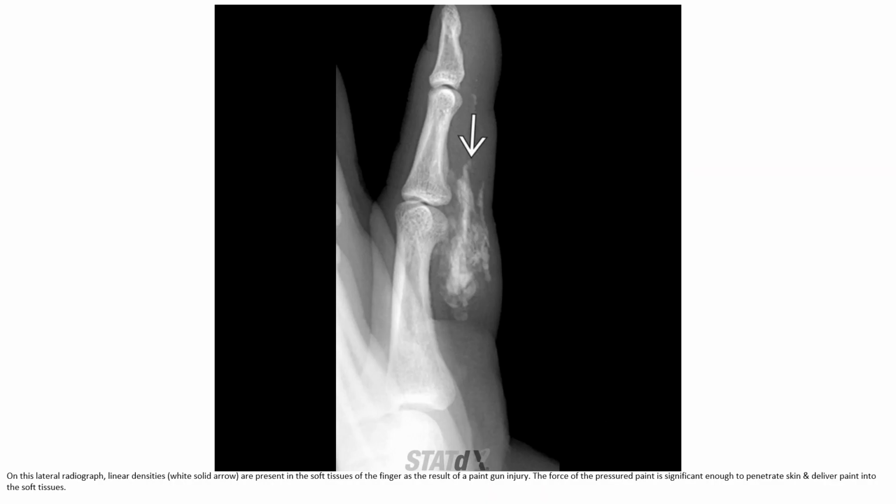On this lateral radiograph, linear densities are present in the soft tissue of the finger as the result of a nail gun injury. The pressure is significant enough to penetrate skin and deliver nails into the soft tissue.